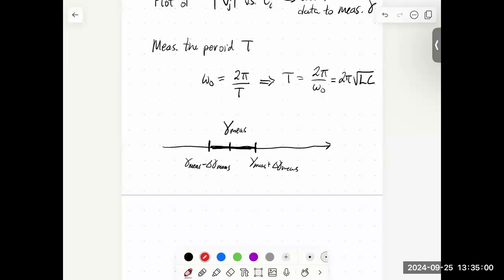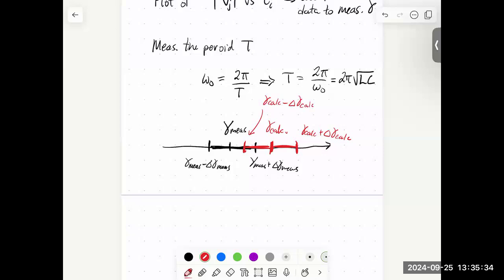And then you also have a calculated value, and maybe your calculated value sits here, gamma calculated. But you're going to calculate it from R and L, which also have uncertainties. And so you'd have some range of values for your calculated gamma. And so this would be gamma calculated plus delta gamma calculated. And over here, we'd have gamma calculated minus delta gamma calculated.